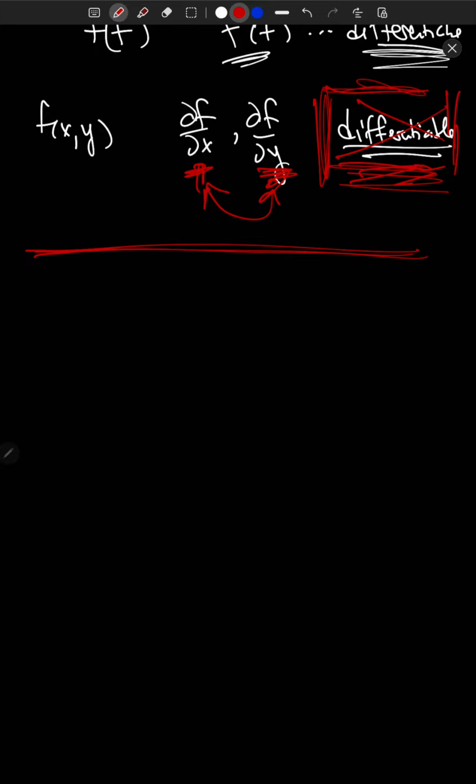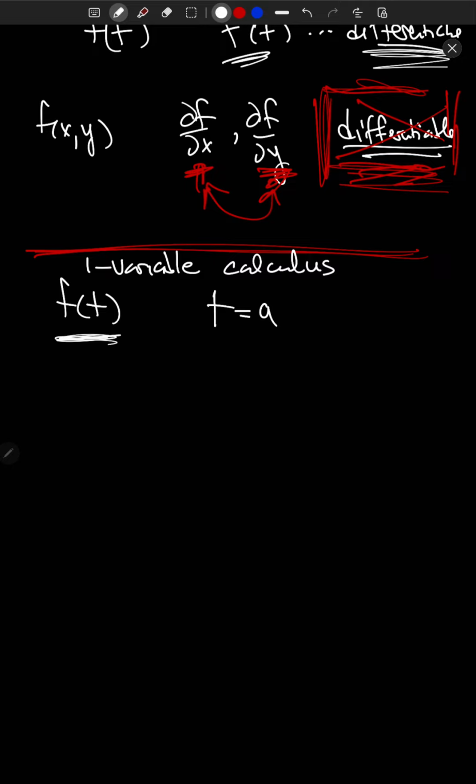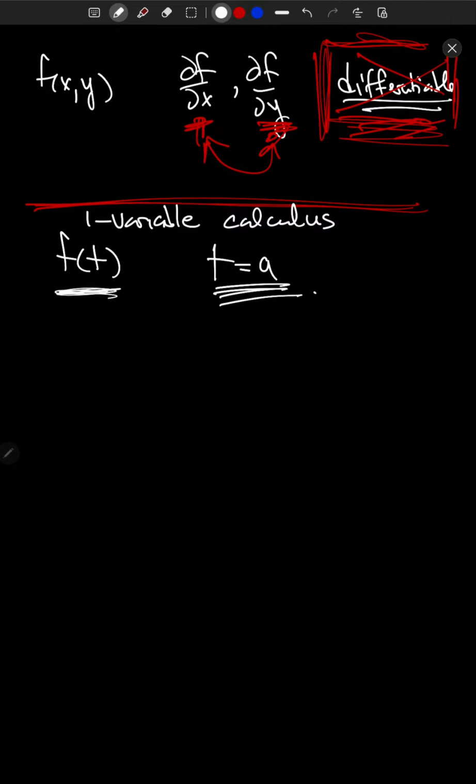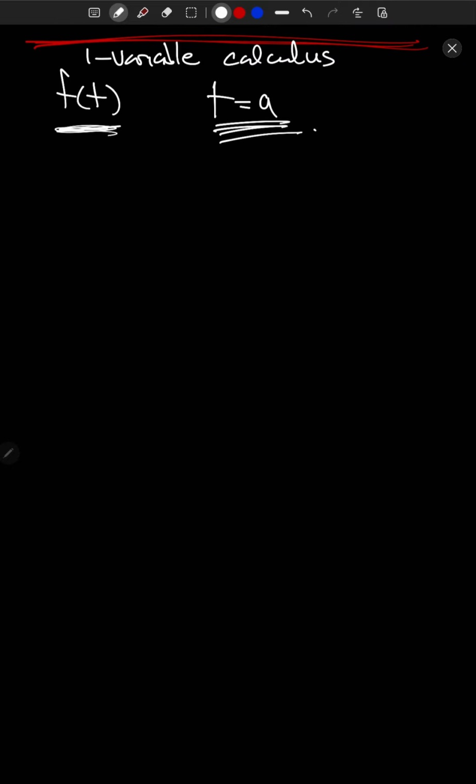So in order to talk about this concept, let's go back to one variable calculus and think about what the derivative is, what's the meaning of the derivative? What's the essence of the derivative? So let's say we have a function f of t. Let's say we're interested in the point t equals a. One thing that we did in one variable calculus was we studied linear approximation.